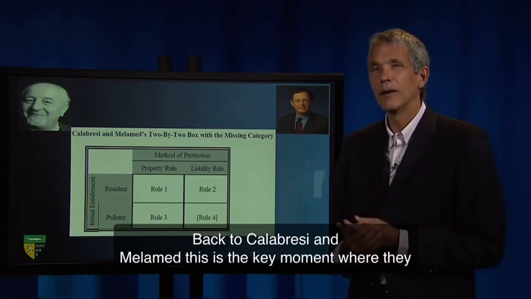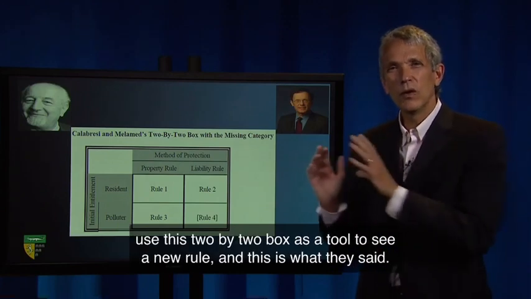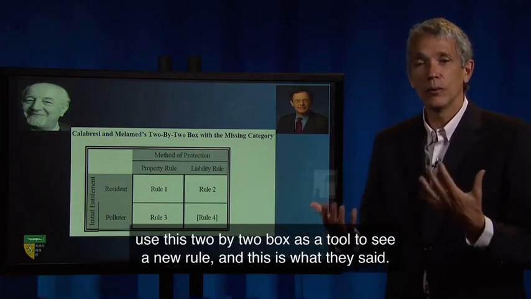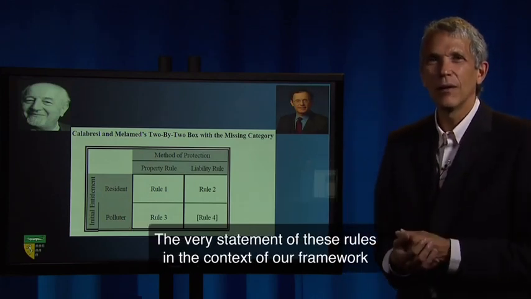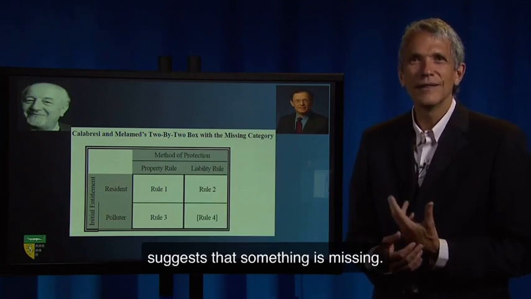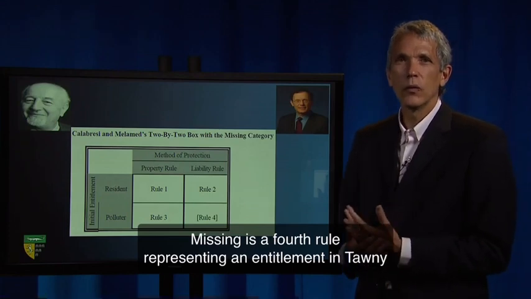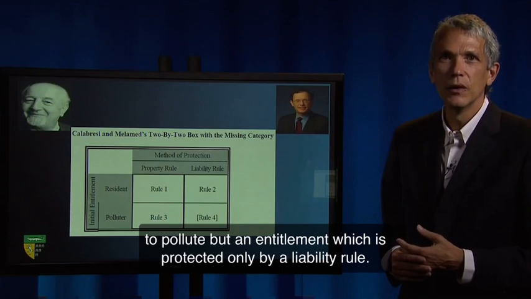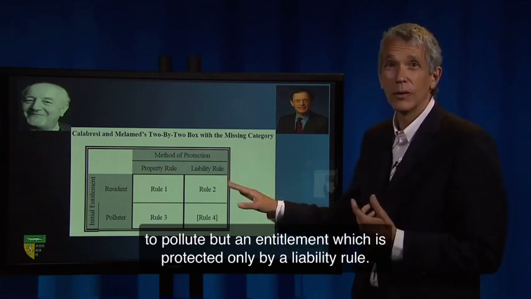Back to Calabresi and Melamed, and this is the key moment where they used this 2x2 box as a tool to see a new rule. And this is what they said. The very statement of these rules in the context of our framework suggests that something is missing. Missing is a 4th rule, representing an entitlement in Tawny to pollute, but an entitlement which is protected only by a liability rule.